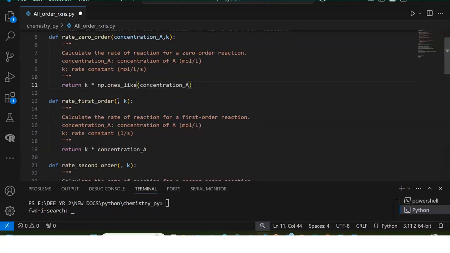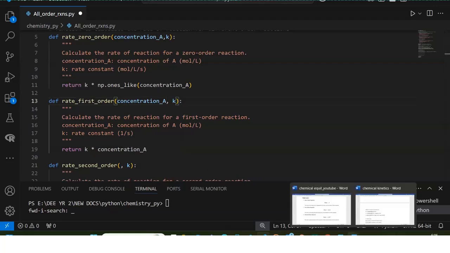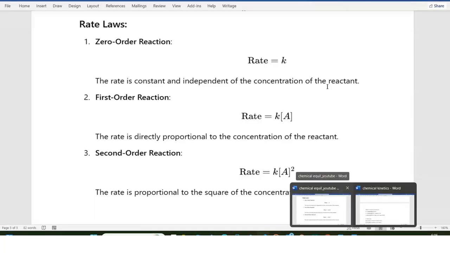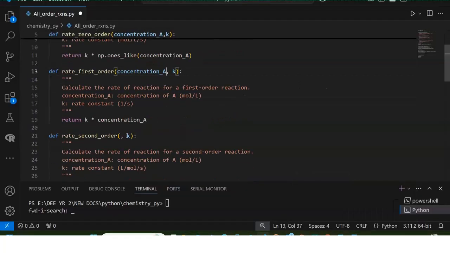The second model also requires the input as concentration of A and K, and then it will be returning K times the concentration of A because that's what we have. Then we go to second order.